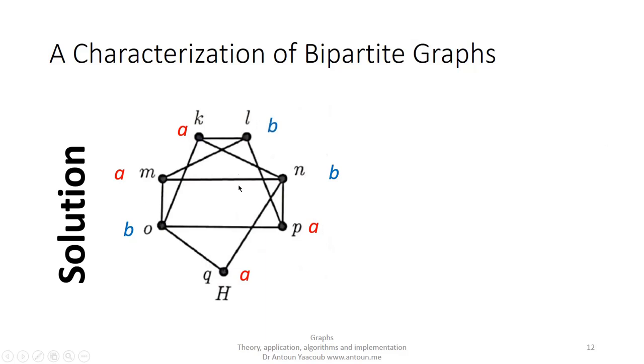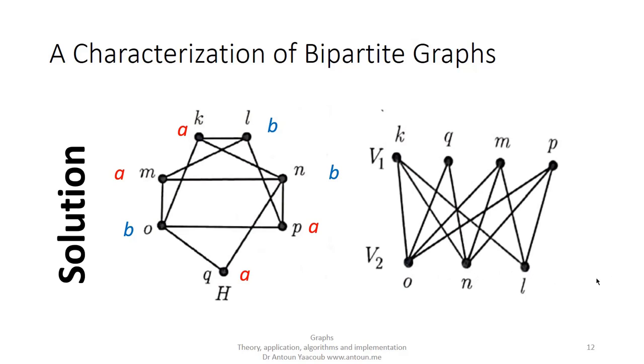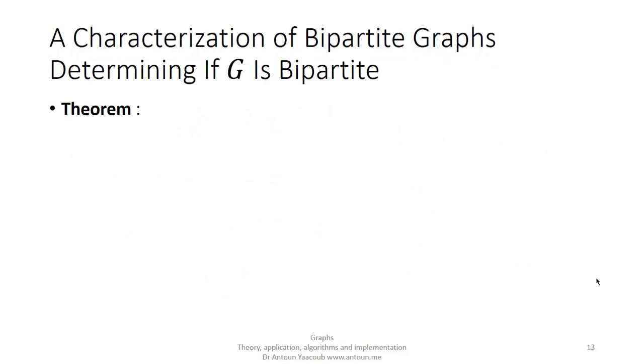So I can redraw this graph in a way that I have the vertices labeled A in one set and those labeled B in another set. So we can see that the graph H is bipartite. We have a theorem here that a graph G is bipartite if and only if it does not contain any odd cycle.